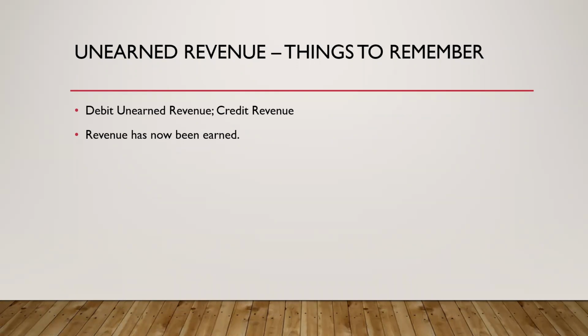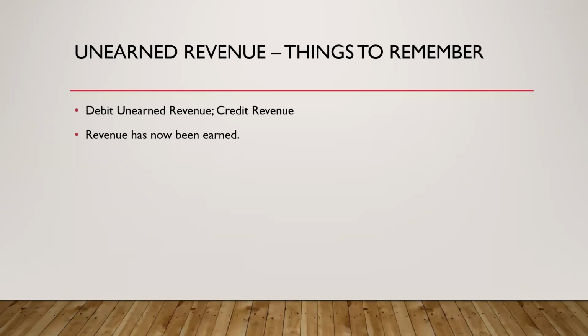So initially, we received the cash before providing the service, and with the passage of time, we've provided the service, and the revenue has now been earned. If we don't make this adjusting entry, then we end up understating our revenues, which in turn will understate our net income, and we will present ourselves in a worse light. In other words, we won't be showing all the money that we've earned.